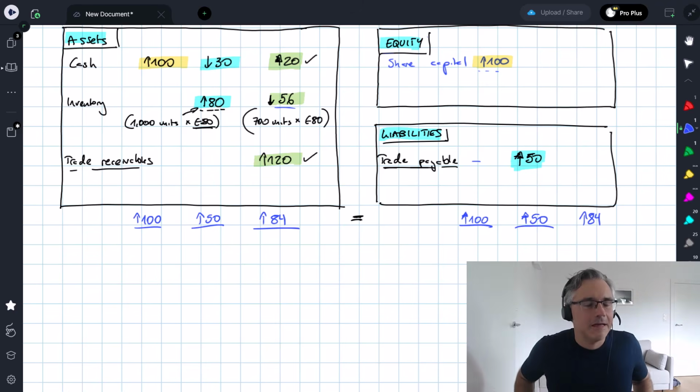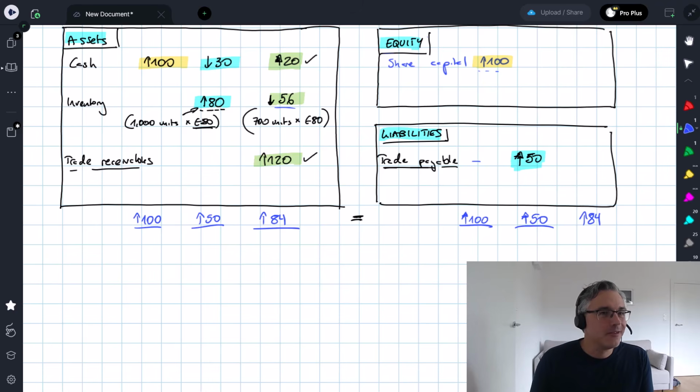I mean, the balance sheet wouldn't balance any other way, would it? So what is this 84 all about? Well, it's actually our profit on the sale of those goods.